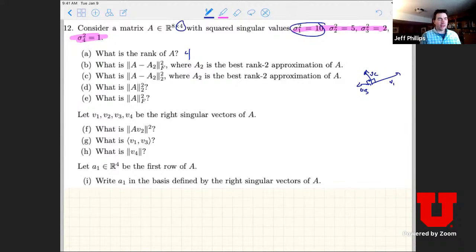What is A minus A2, where A2 is the best rank 2 approximation, with the Frobenius norm here?